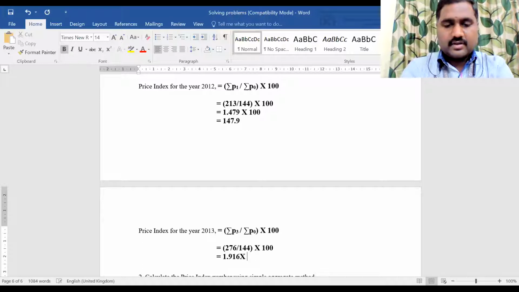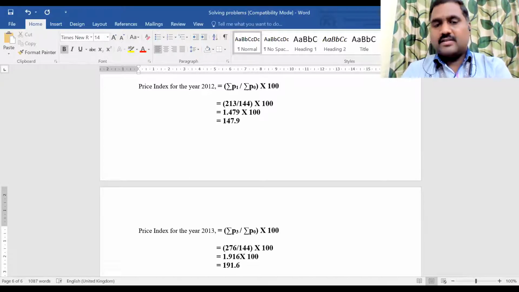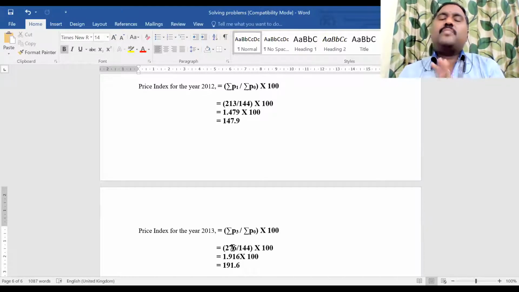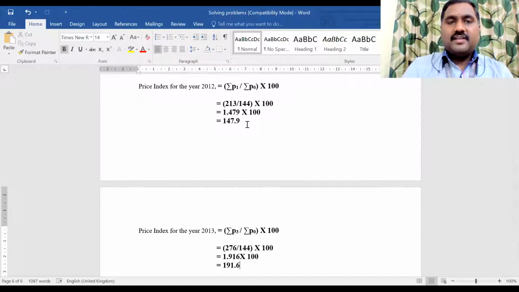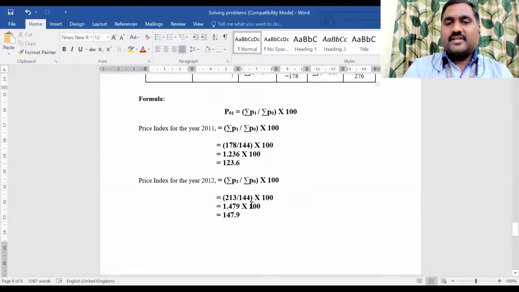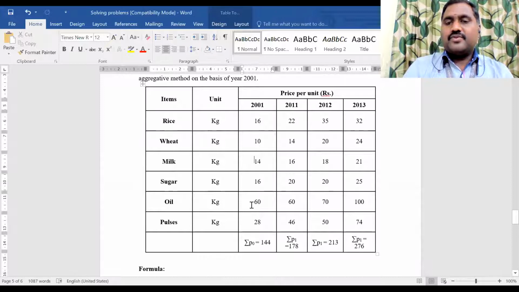Into 100, therefore you will get 191.6. That's it. So we got the price index for the current years 2011, 12, 13 with the base year. This is how we need to calculate. Is it clear now? So the first problem is over.